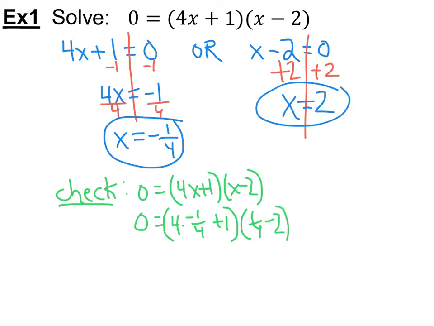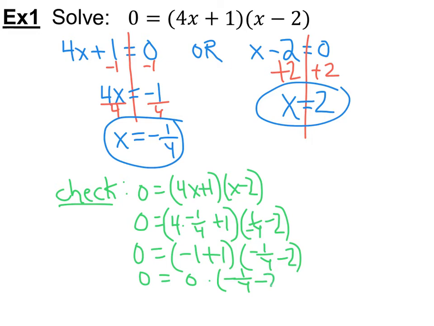I don't have to do the entire quantity, but do you see I have a negative 1 plus 1, which is just a 0 in that first pair of parentheses, and 0 times anything is 0. So we do know that the right side equals 0. So yes, x equals negative 1/4 does work.